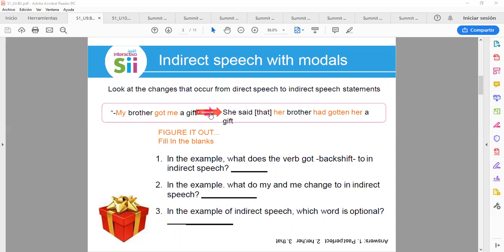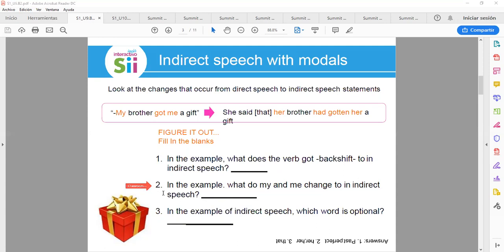Let's figure out, fill in the blanks. Question number 1. In the example, what does the verb got backshift to in indirect speech? Excellent. Yes, the change is to past perfect. Number 2, in the example, what do my and me change to in indirect speech?